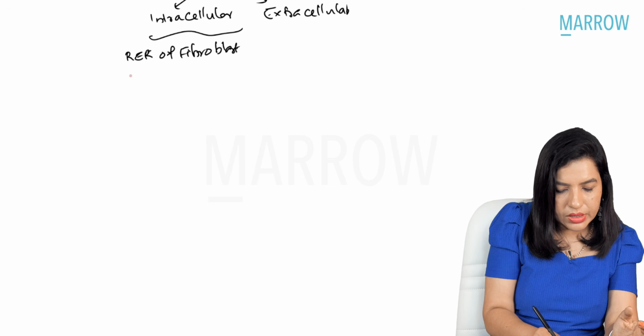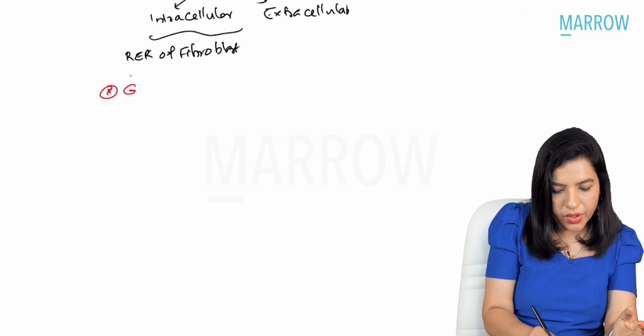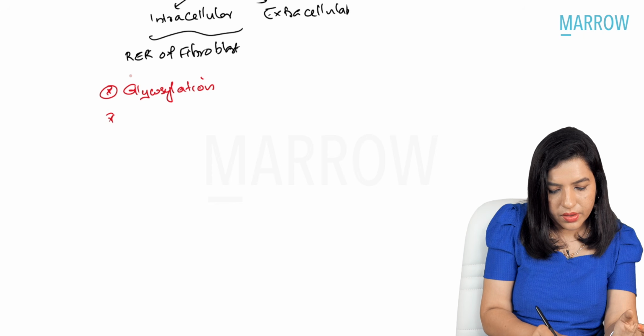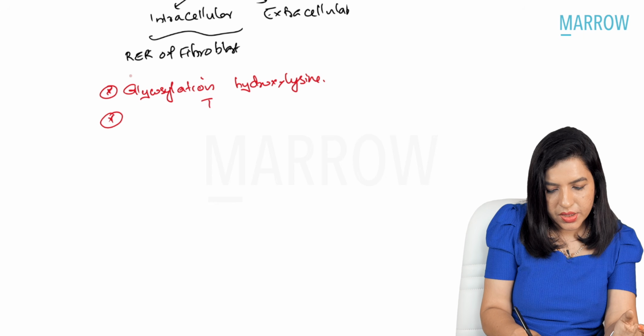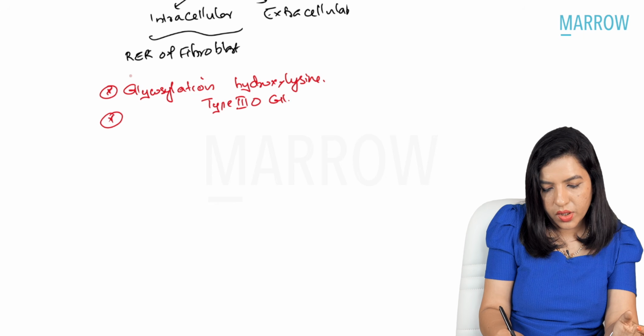In the intracellular events, one of the most important changes is glycosylation. Glycosylation takes place on the hydroxylysine residue. This is an O-glycosidic linkage.